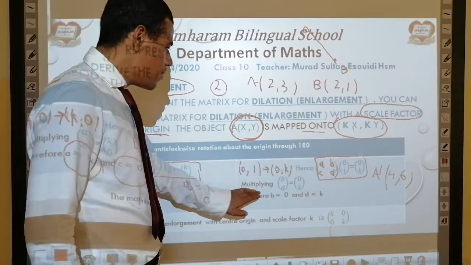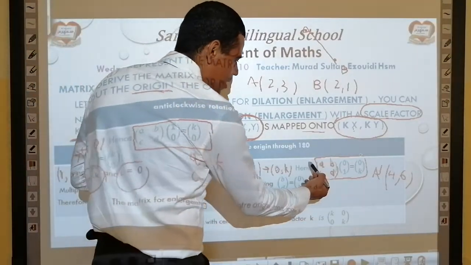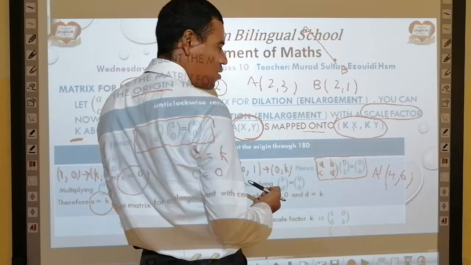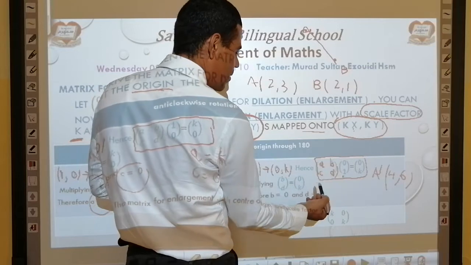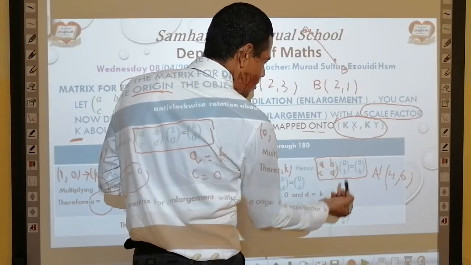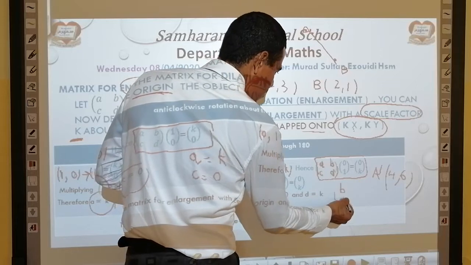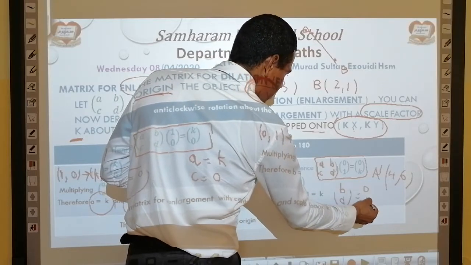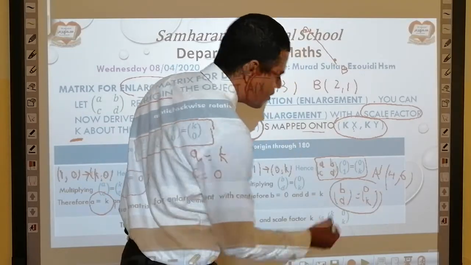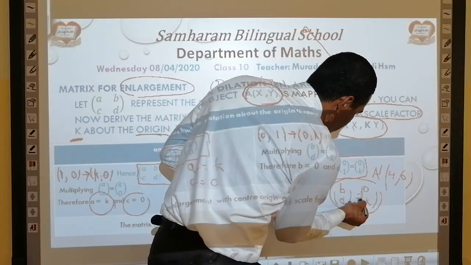Multiplying means I multiply this by (0, 1). a multiplied by 0 is 0, no need to write. b plus 1 multiplied by 1 is b, I will just write b here. Then c by 0 is 0, d by 1 is d. Equal what, my kids? Equal (0, k).